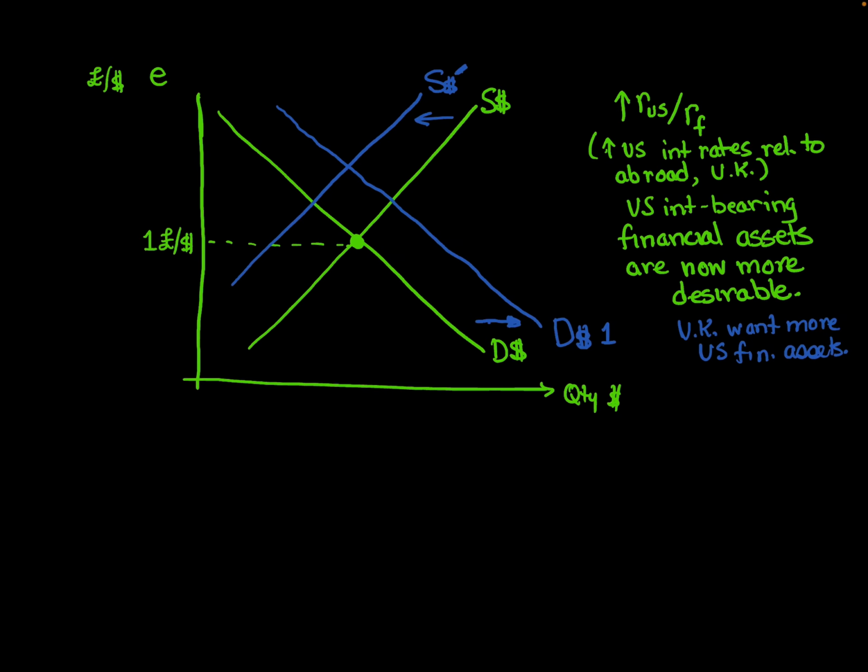So now we get to play the fun game that we played before back in chapter 3 or 4, whatever it was. If we have an increase in the demand for anything, in this case dollars, and no change in supply, this is going to lead to a higher equilibrium price. And what is this?